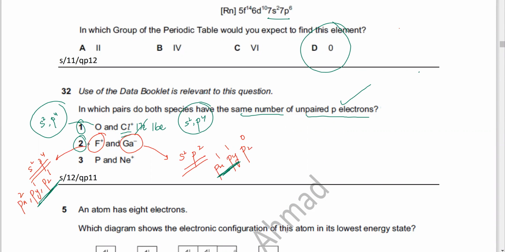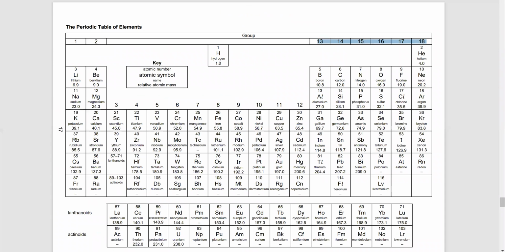The last one, number 3. Phosphorus is in group 5. Group 5 is s2 p3. So p3 means 3 unpaired orbitals, 1 electron in each of them, 3 of them unpaired. And then you have neon plus 1, which means neon lost an electron. So neon had a perfect electronic configuration of s2p6.